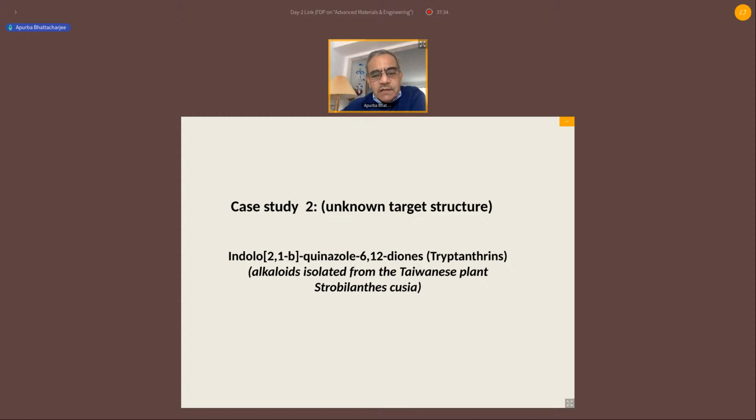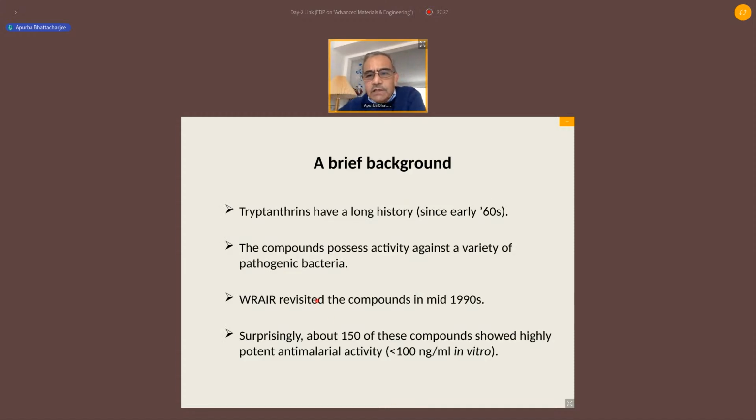So what is important here is that although there are some reports about the antimalarial activity of this compound, this was not known to Walter Reed. So Walter Reed Army Institute of Research, my alma mater, the previous company where I worked, revisited the compounds in the 1990s and found, surprisingly, that 150 of these compounds were extremely active.